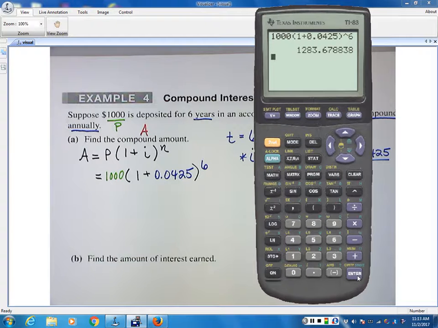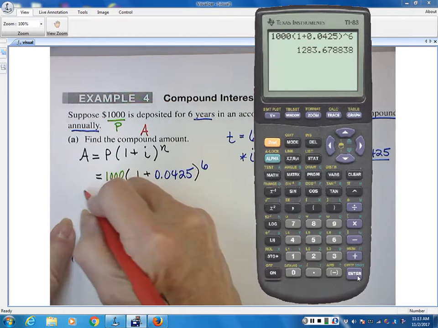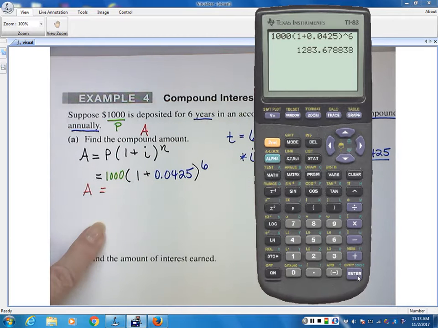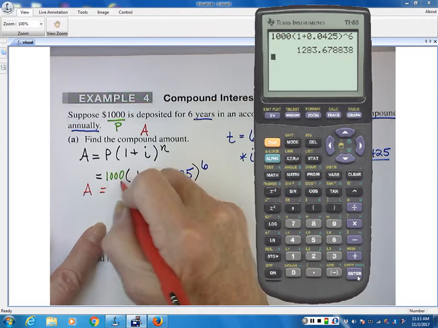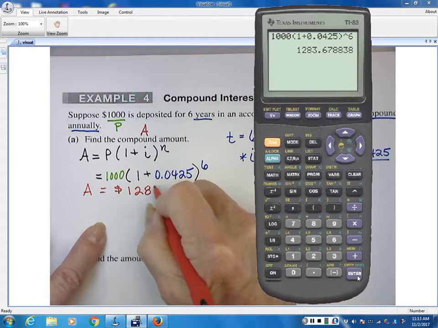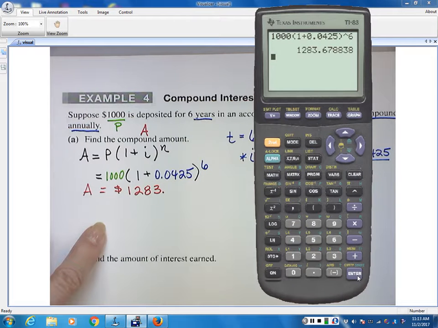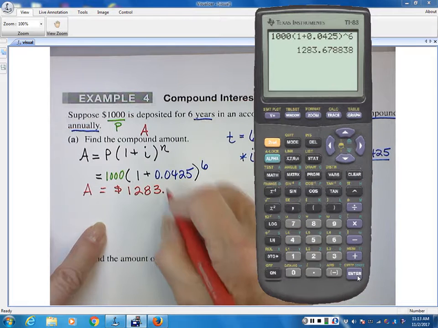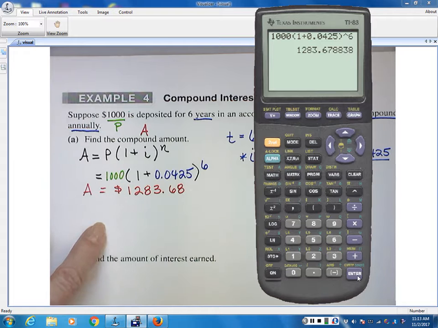So then our compound amount is $1,283 and 68 cents. Okay?